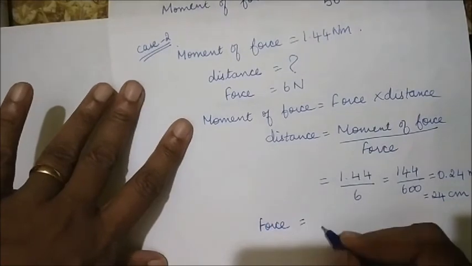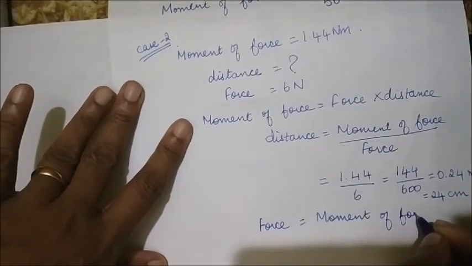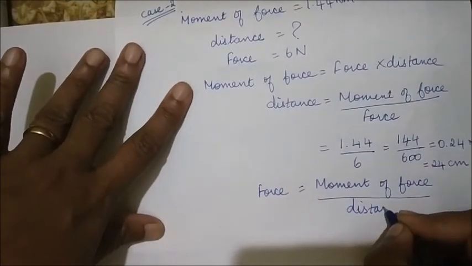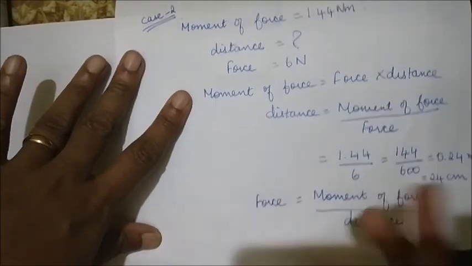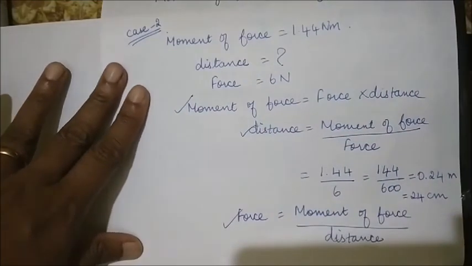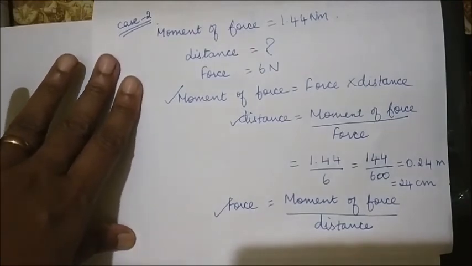Force is equal to moment of force upon distance. So in the numerical they can give you any two values and ask the third one. It can be this, this or this formula. Any one can come. Hope you have understood the numericals, children.